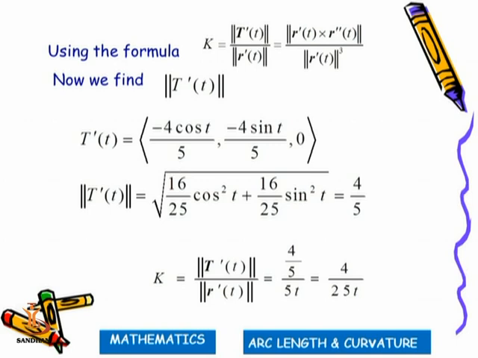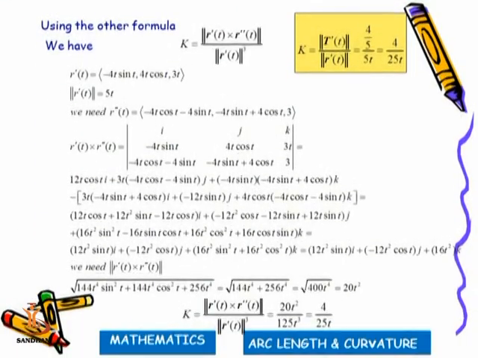Find its norm: under root of first term square plus second term square is 4 by 5. So curvature is 4 by 5, and r dash we found was 5t. So the answer is 4 upon 25t. You can use any formula, we will have the same answer for the curvature.